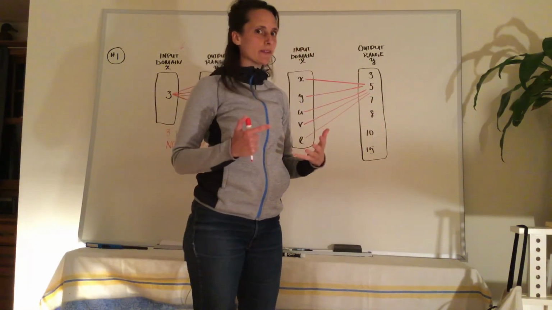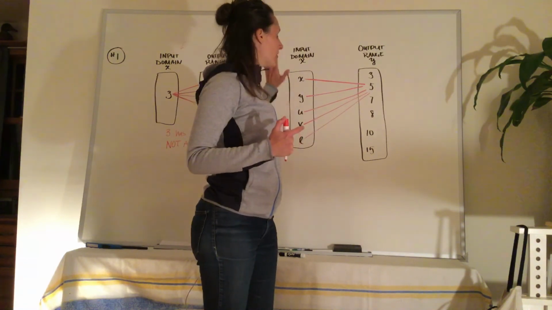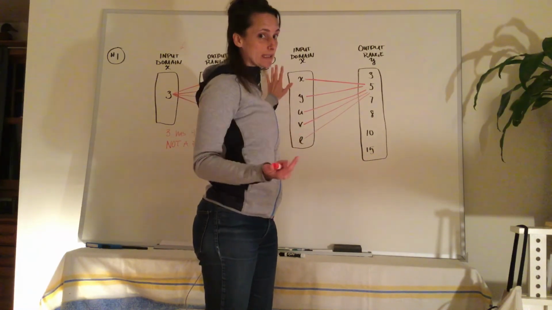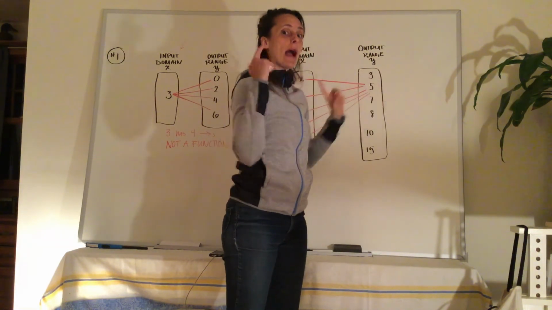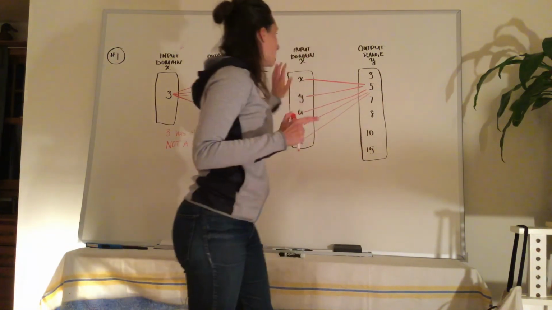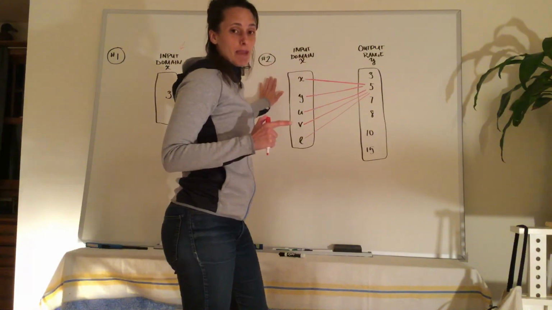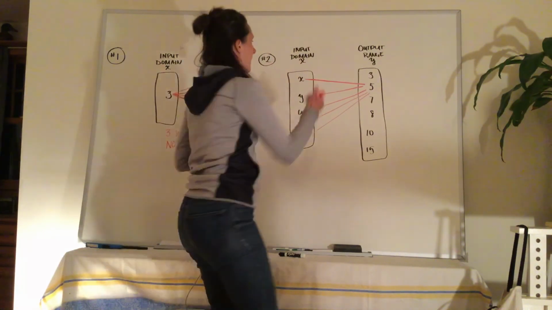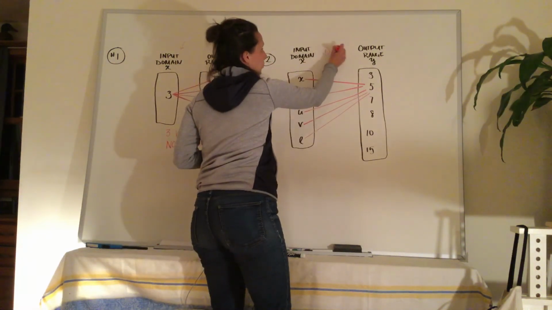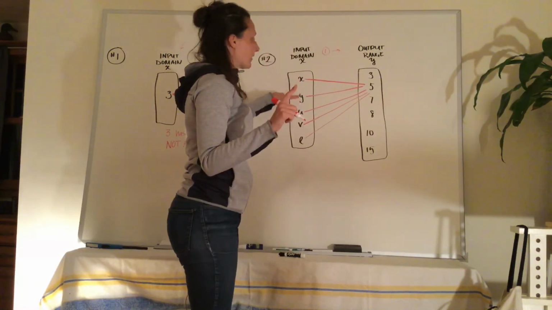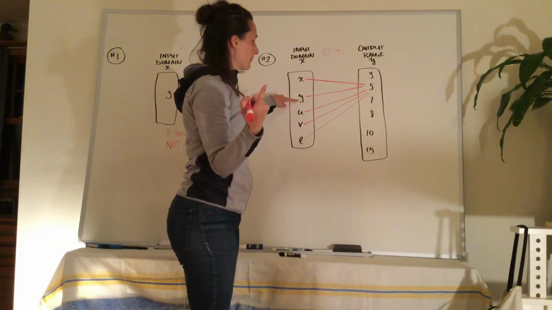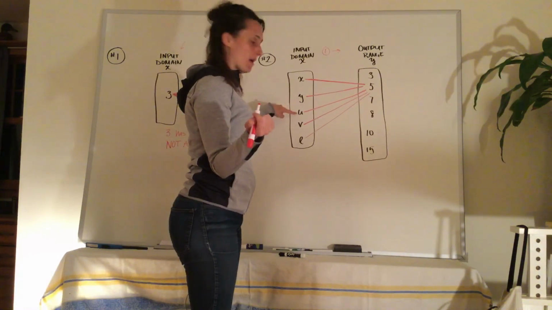Looking at it, we see that all of the domains, inputs or x's, only go to one number, and that's 5. However, we only look at the input, domain, or x, so it can only have 1 arrow, right? Looking at the x, we see only 1 arrow. Looking at the y, we see only 1 arrow. The u, we only see 1 arrow.